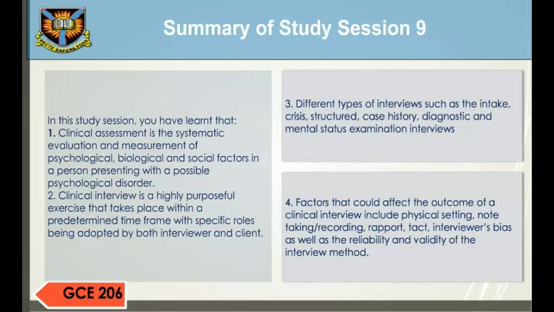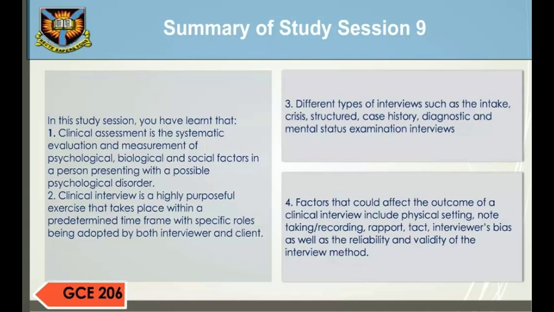Summary of study session. In this study session, you have learned that 1. Clinical assessment is the systematic evaluation and measurement of psychological, biological, and social factors in a person presenting with a possible psychological disorder. 2. Clinical interview is a highly purposeful exercise that takes place within a predetermined time frame with specific roles being adopted by both interviewer and client. 3.